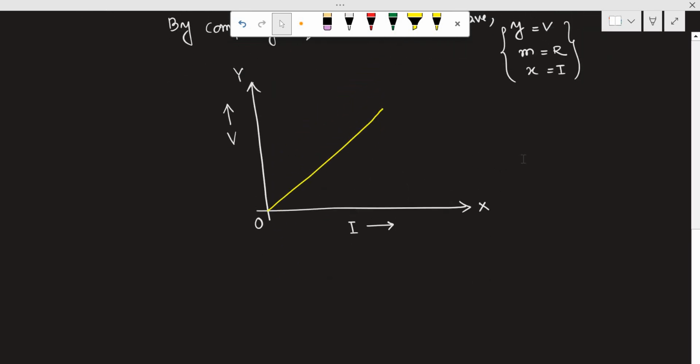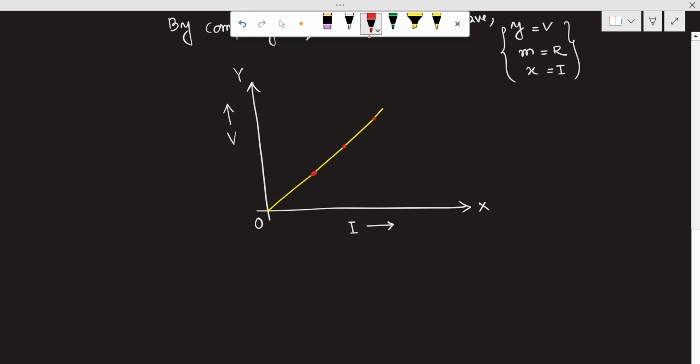So how can we say that the graph indicates the proportional relation of current and voltage?